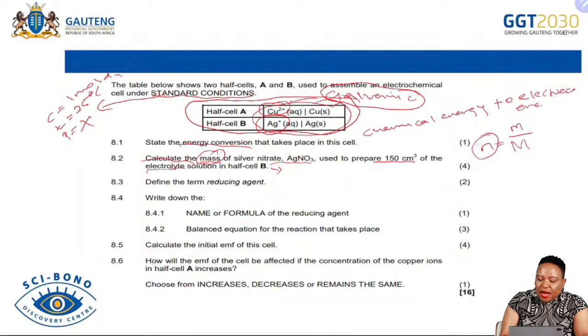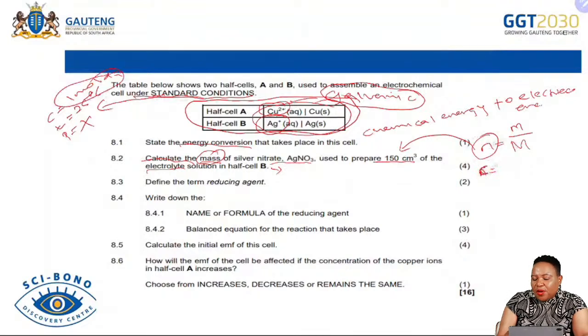So how do we find the number of moles? You are provided with the volume, and you are also provided with the standard condition, which gives our concentration. Therefore, to calculate the number of moles, I like to use the formulas as they appear on the data sheet: c equals n over V. Our volume is given in cubic centimeters.